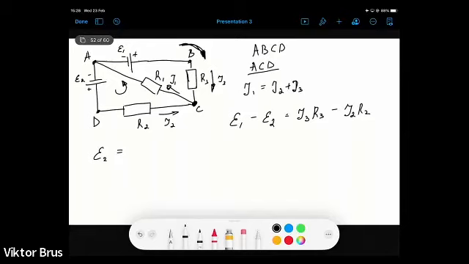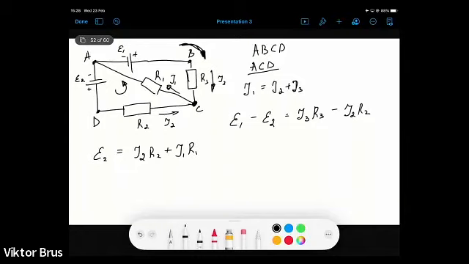So here we have I2 times R2 plus I1 times R1.